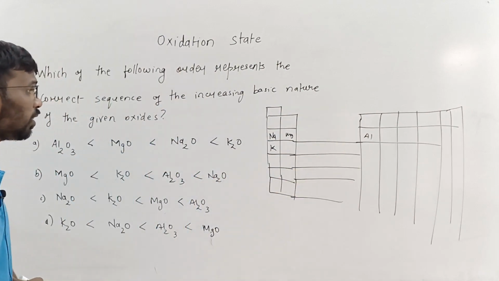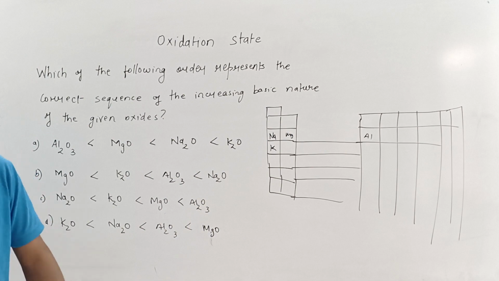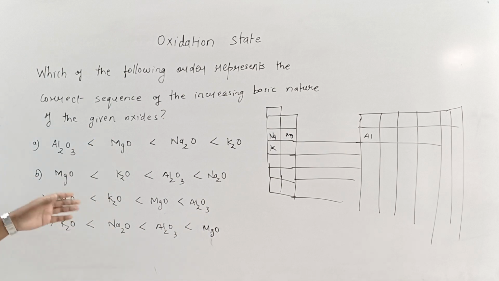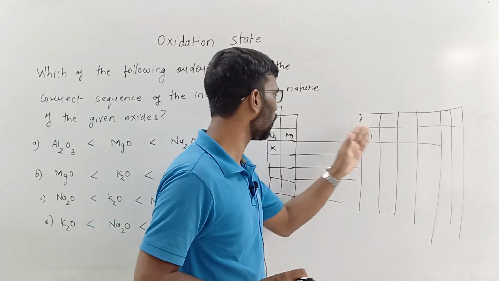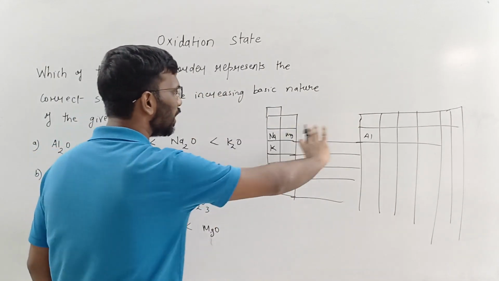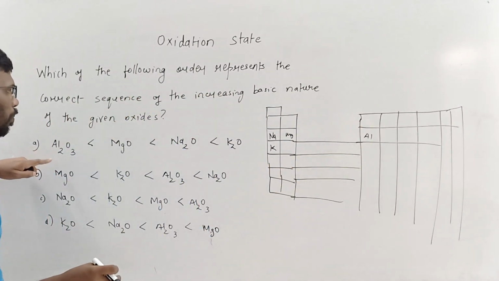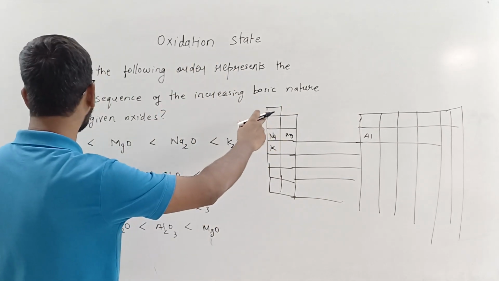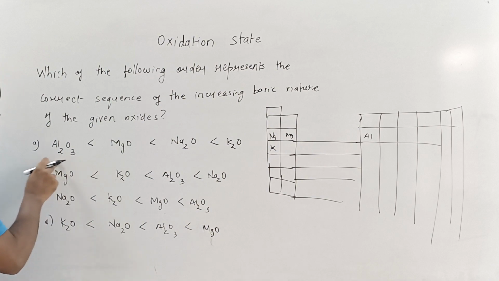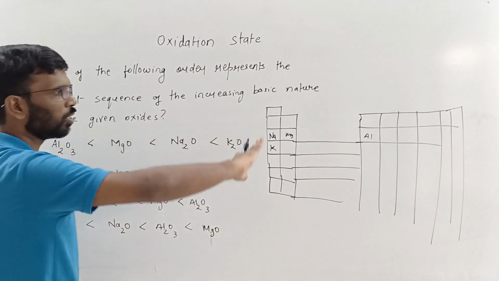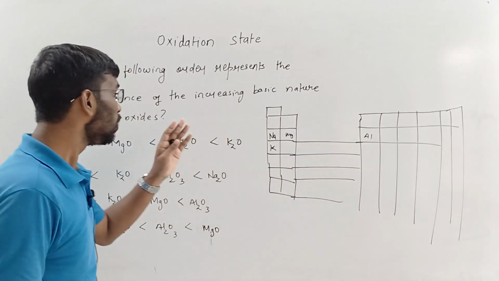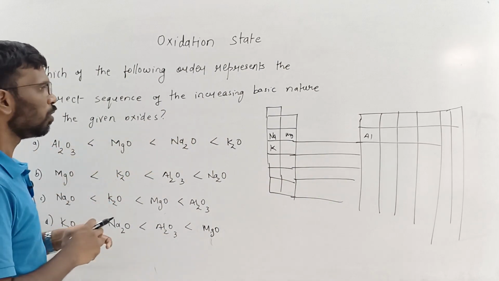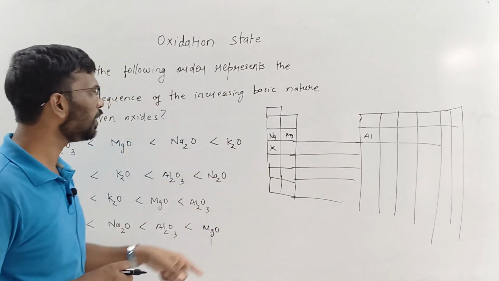So what is the statement we made? In a period, the oxide goes from basic to acidic, so among these the most acidic is aluminum. They have asked about basic nature, so aluminum will be the least basic, because as we go across a period acidic character increases. Down the group, basic nature increases.